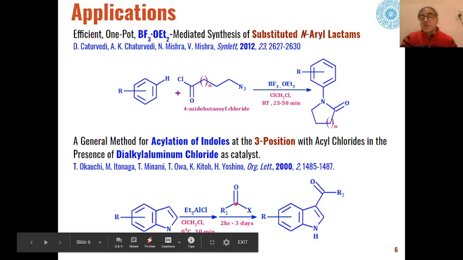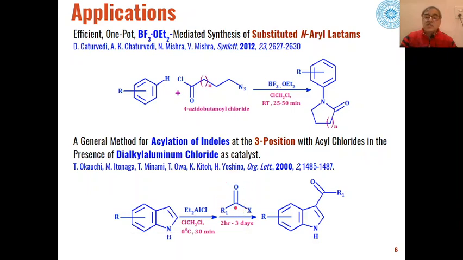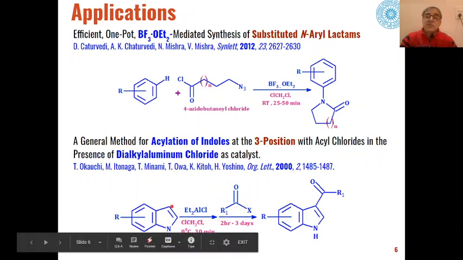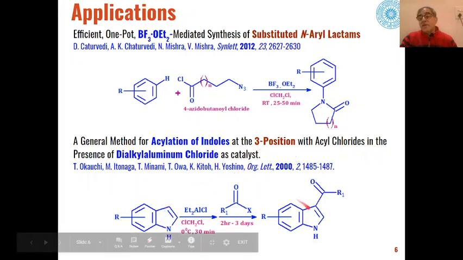And similarly the mechanism is that here we will get an acylium cation, and that acylium cation will add to the 3 position of the indole, and we will get these types of products.